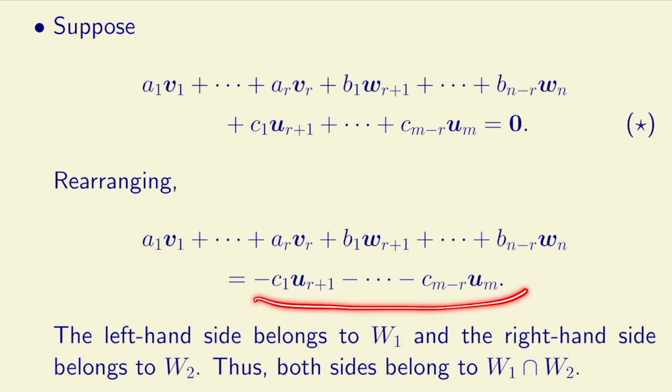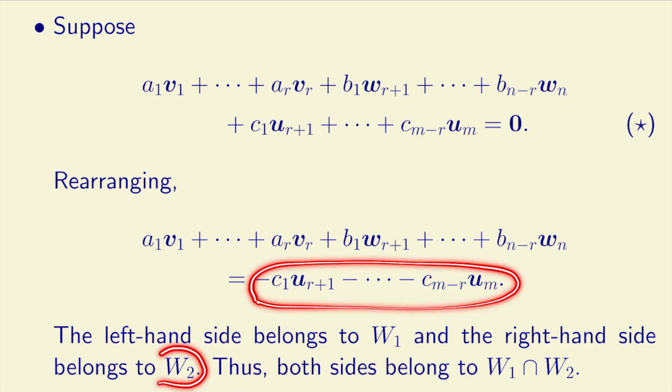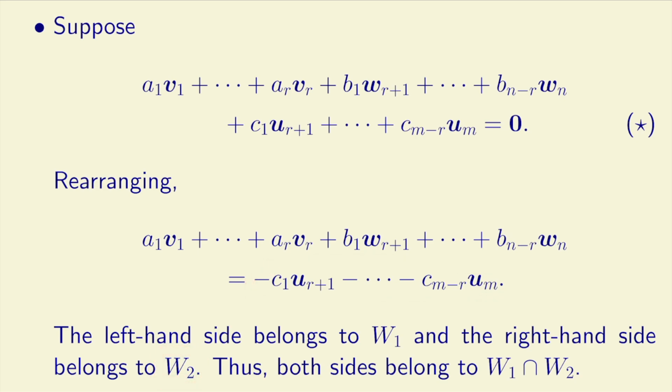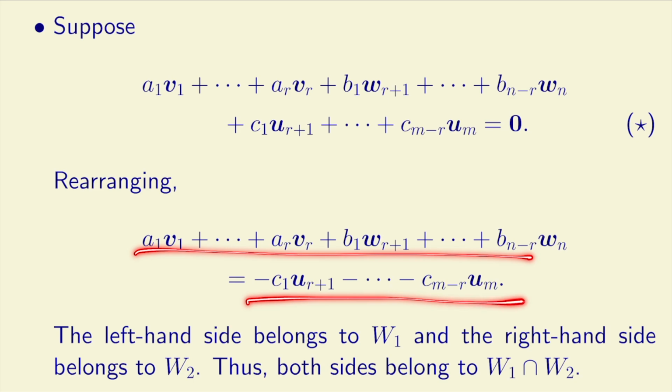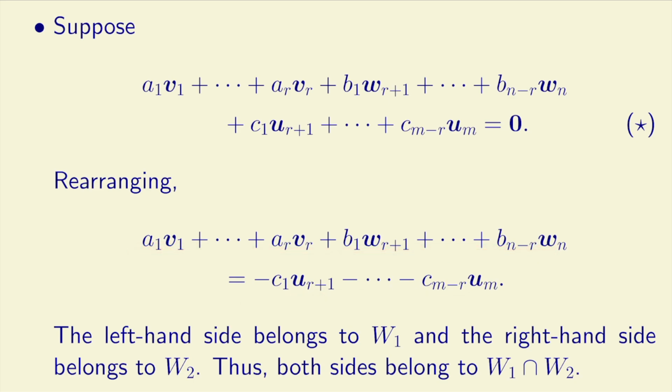And on the right-hand side, Ur plus 1 to Um are a part of the basis of W2, so this right-hand side belongs to W2. And they are equal. That means both of these sides belong to the intersection of W1 and W2.